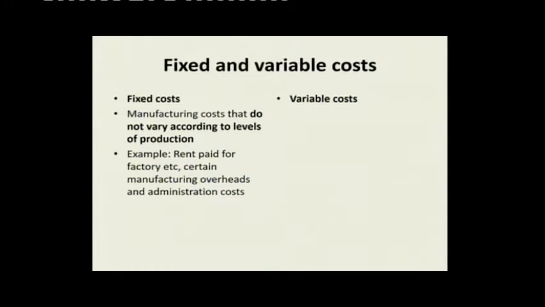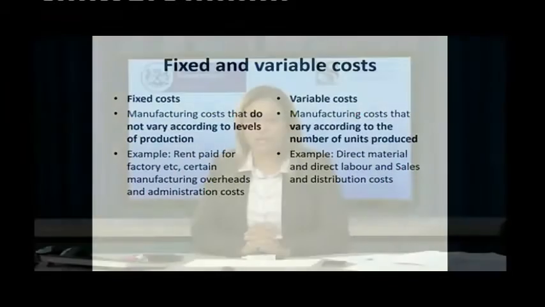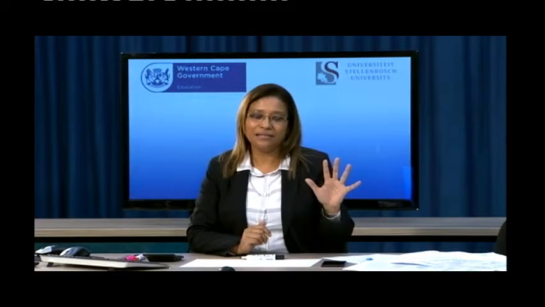Then variable costs, manufacturing costs that vary or change. These costs change. So the direct materials, direct labor, and sales and distribution. Now let me use the example of the fixed costs. If I rent a factory space and I produce 5 units, the rent for my factory space is still the same.